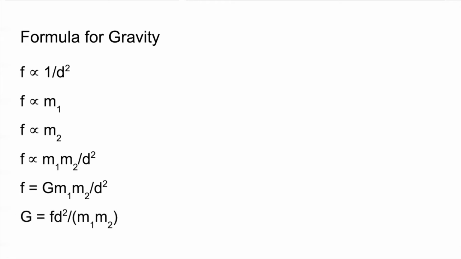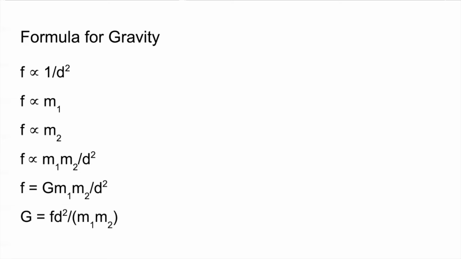And you can also write that as force is equal to a constant times m1 m2 over distance squared. This constant is capital G, which is the universal gravitational constant. And isolating G, you get that G is equal to F d squared over m1 m2.